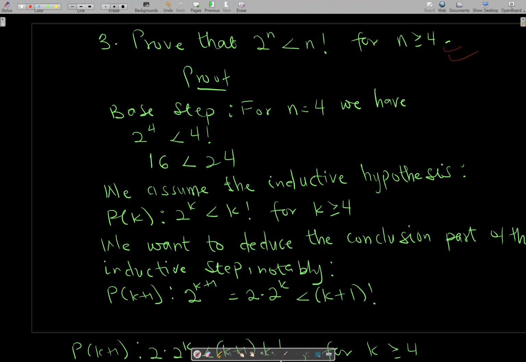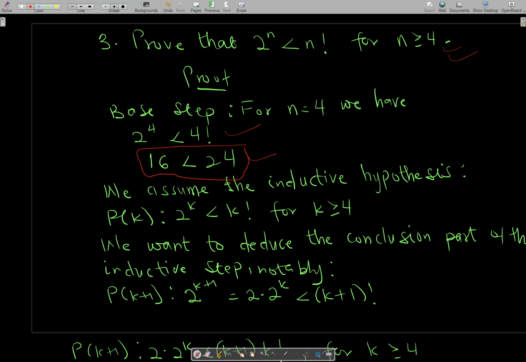We get 2⁴ compared with 4 factorial. 2⁴ is 16, and 4 factorial is 4 times 3 times 2 times 1, which is 24. This clearly indicates that 16 is less than 24. That's the base step, so the base step is true.